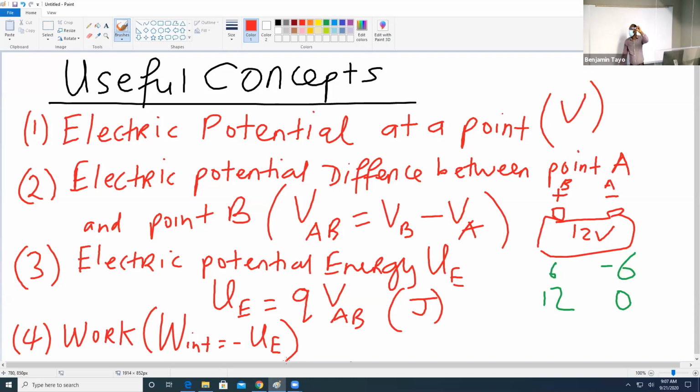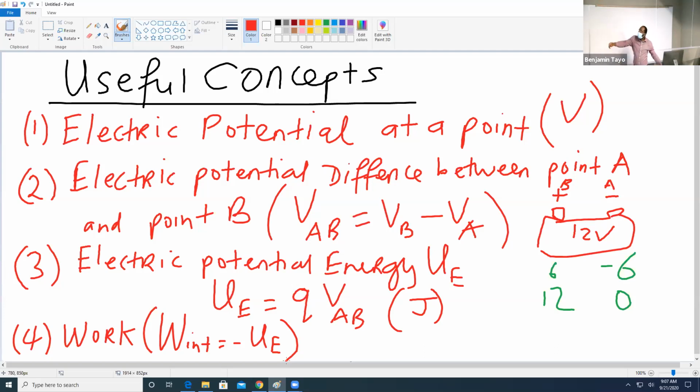So if this object is moving down, it's losing potential energy but gaining kinetic energy. I don't know if you guys remember this from PSE1. Going down means it's going downhill, it's losing potential energy.